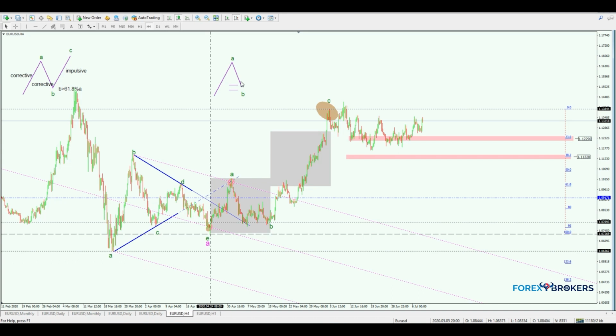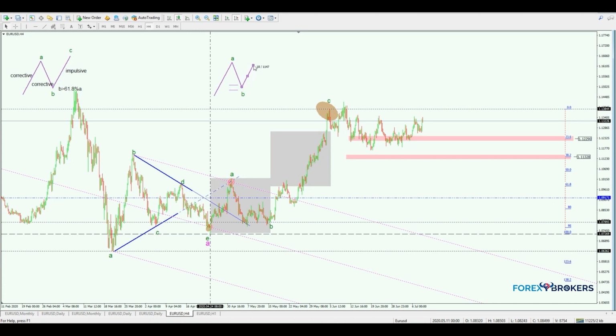The types of the flat come from the length of the C wave. Remember, wave A is corrective, wave B is corrective, and wave B retraces between 61.8 and 80%. These are flats with a weak B wave. Then, depending on the length of the C wave, we have the type of flat.